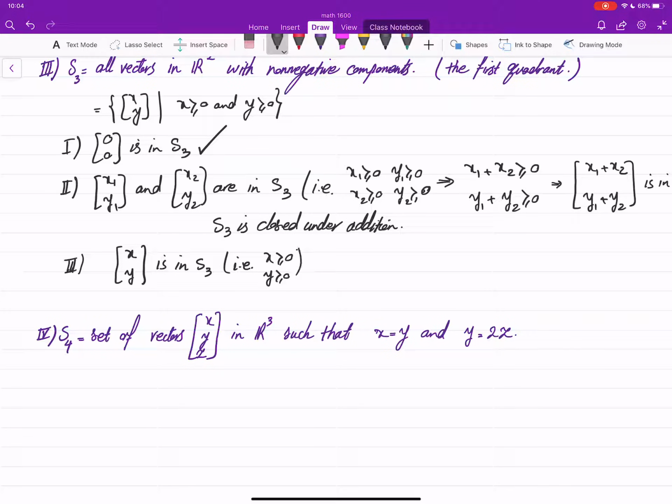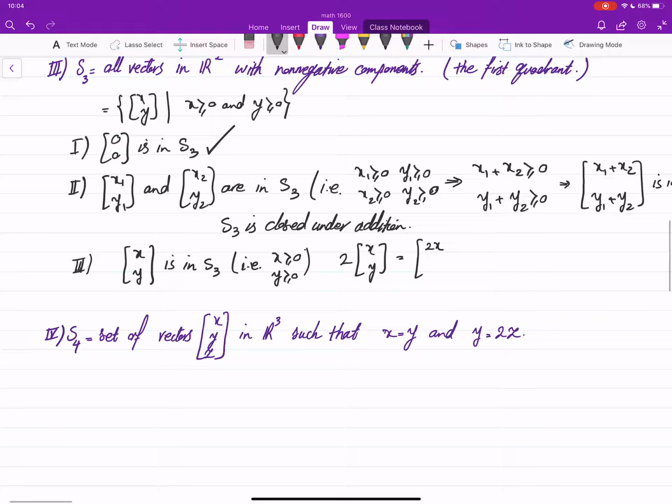Then, for example, if you multiply this by a scalar like 2, you're good, because x is positive, you multiply it by 2, which is a positive number, you get a positive or 0 number, and 2y is going to be positive. But scalars can be negative numbers, so you can multiply this by a negative 2.